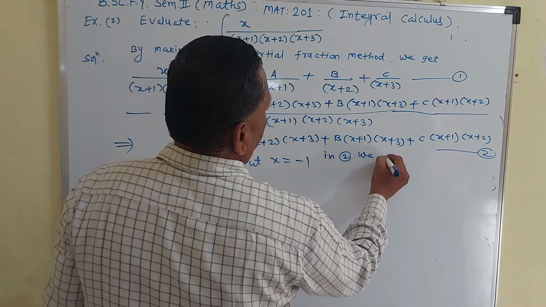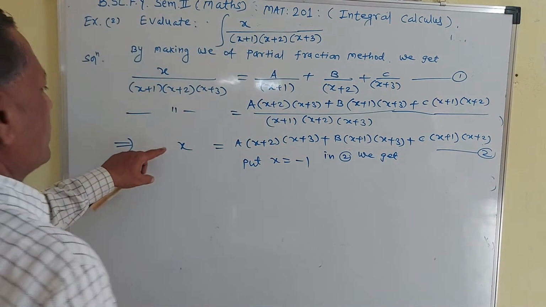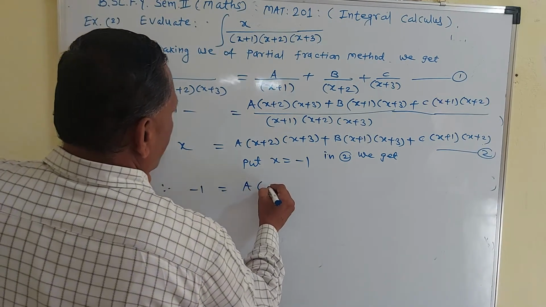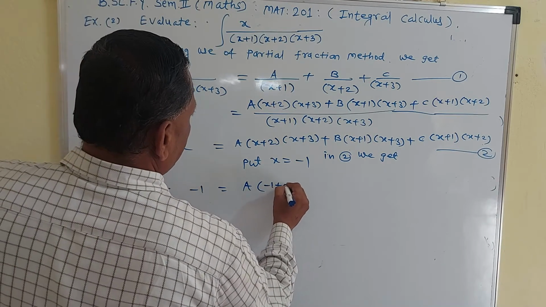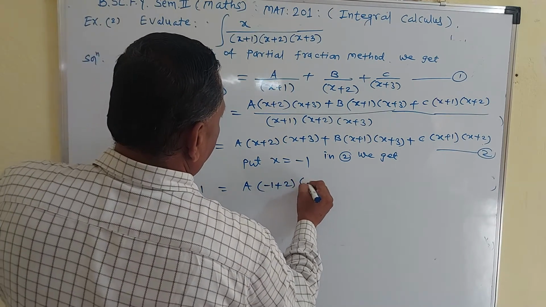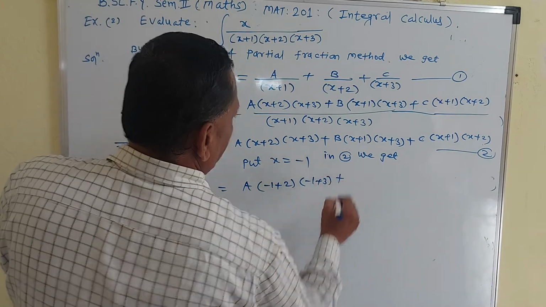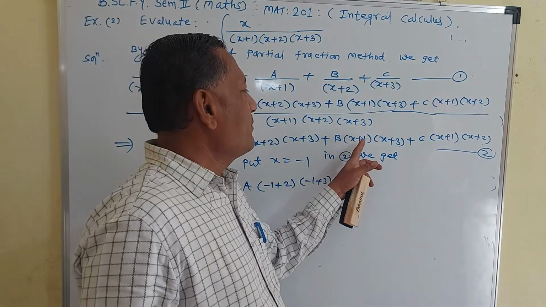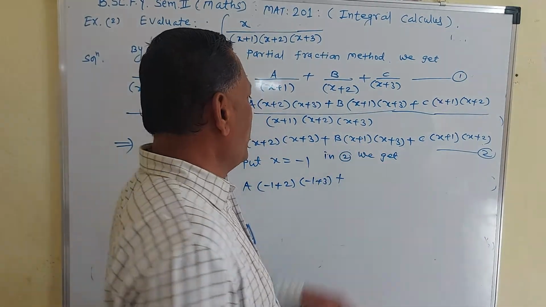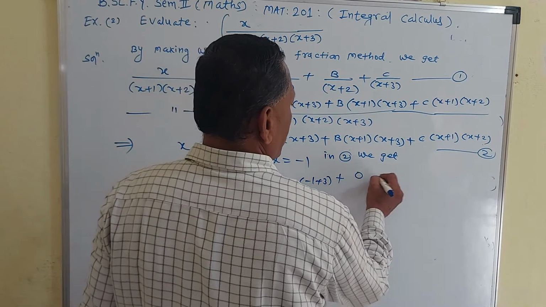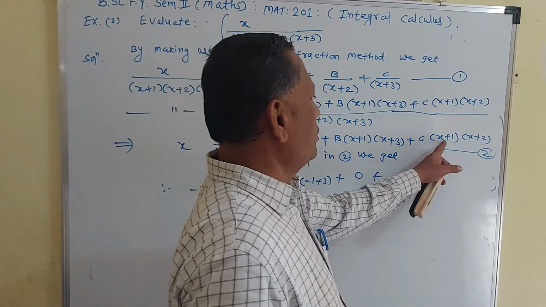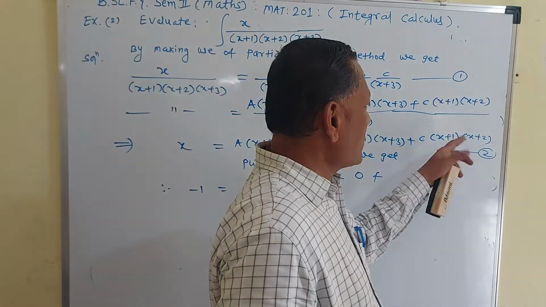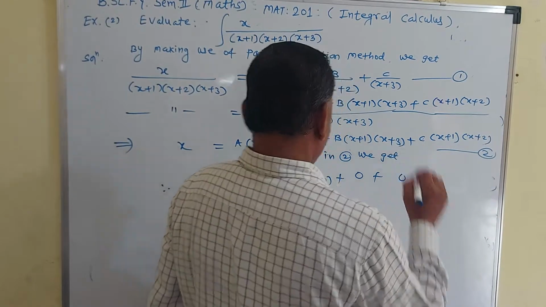We get left side is x, therefore minus 1 is equal to a into minus 1 plus 2 into minus 1 plus 3 plus, in right side x plus 1 is a factor there, minus 1 plus 1 is 0, therefore b into 0 means it becomes 0, plus again c into x plus 1 is a factor, therefore x is equal to minus 1, minus 1 plus 1 is 0, c into 0 means 0.